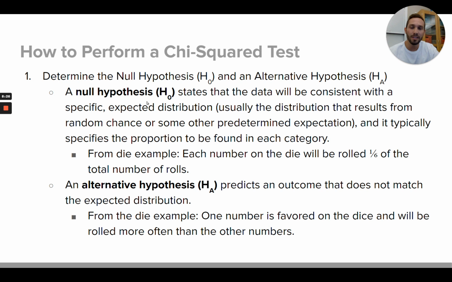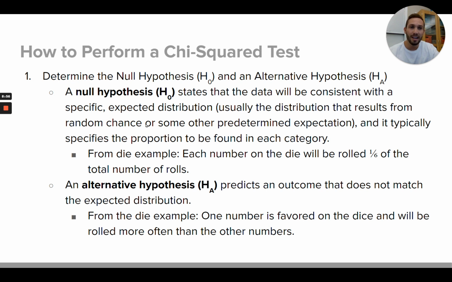A null hypothesis is basically you stating that the data you're going to get from your experiment is going to be consistent with a specific expected distribution. So for the data you're about to get, you predict that it's going to match some already determined expected outcome. And usually that outcome is the result of random chance.